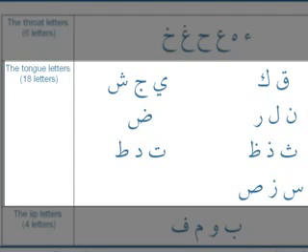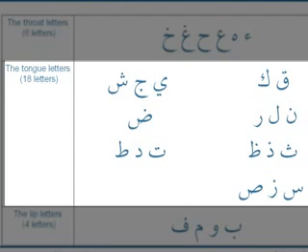Again, they're actually grouped according to where they come from. Even though they're all using the tongue, the qaf and the kaf come from one area, the ya, jim, and sheen all come from one area, the noon, lam, and ra come from one area, and the dad is on its own in the way it's pronounced.